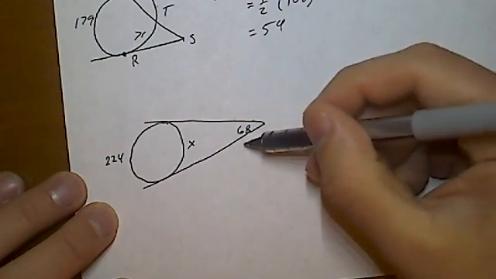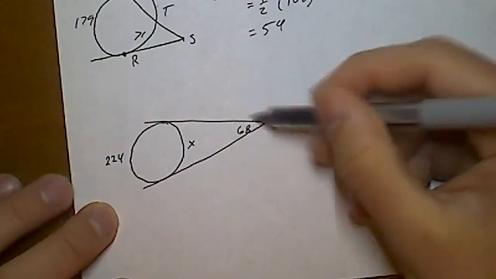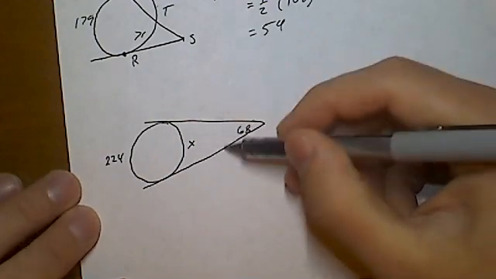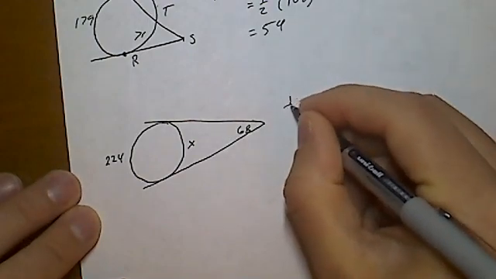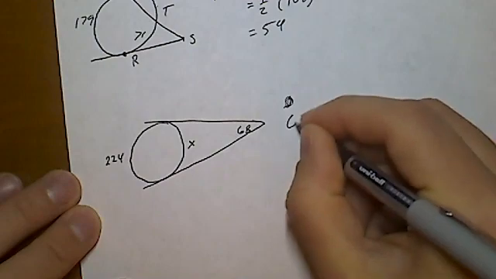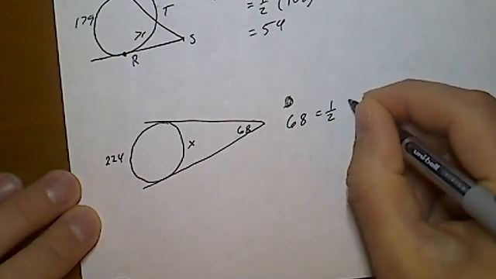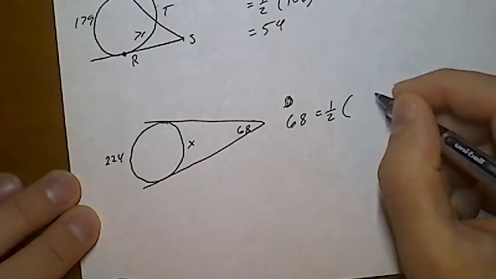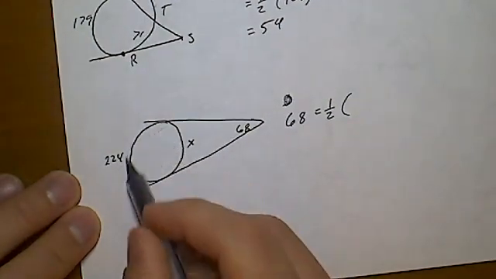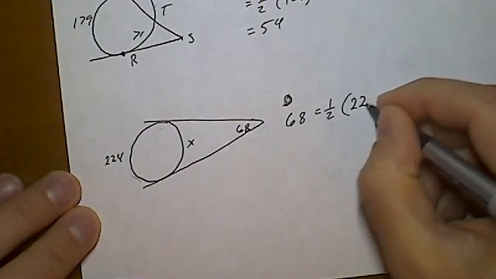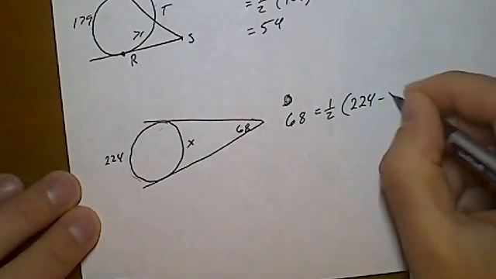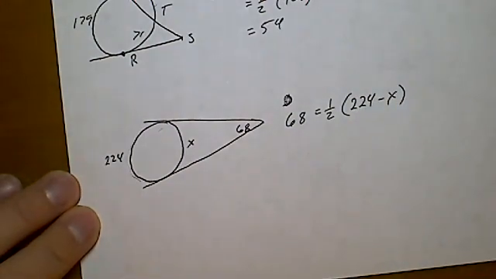Exterior, or an angle outside, intersection outside of the circle between two tangents. Again, the measure, 68, is 1/2 the difference of the larger arc, the one that's further away, that's 224, minus the smaller one, the one that's closer, that is X.